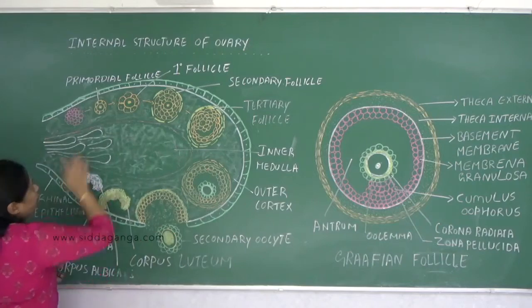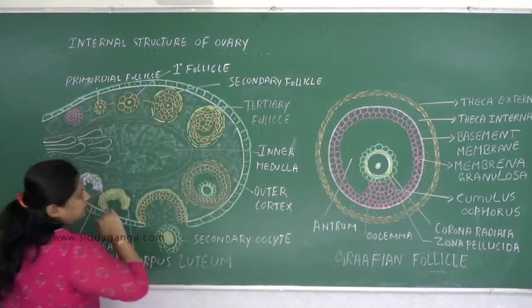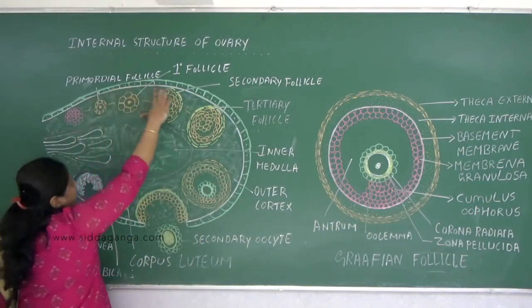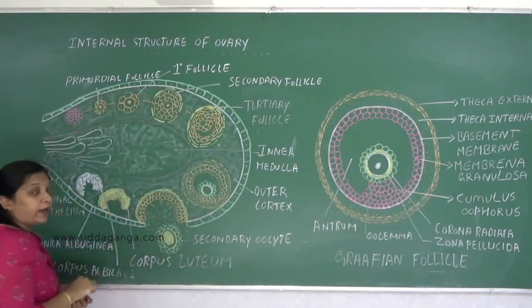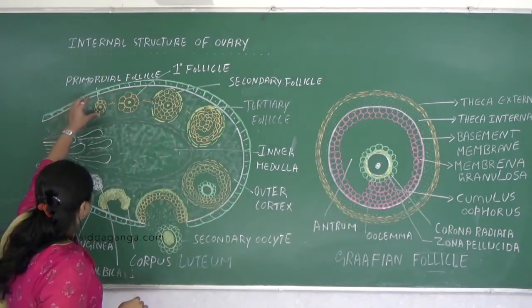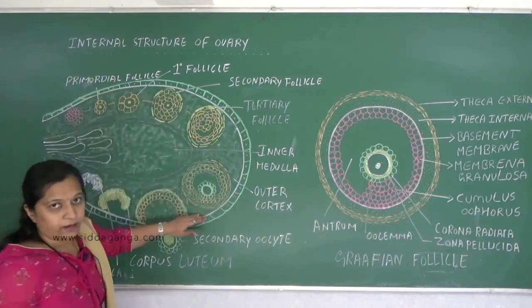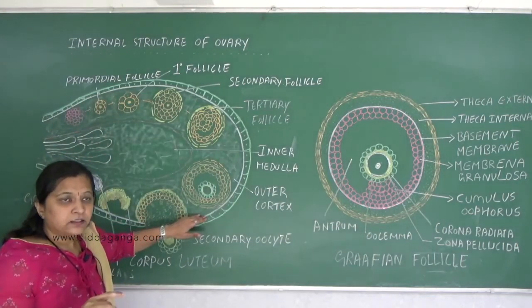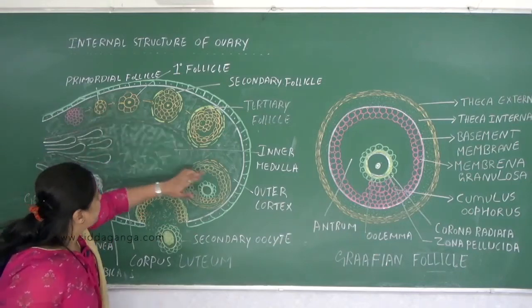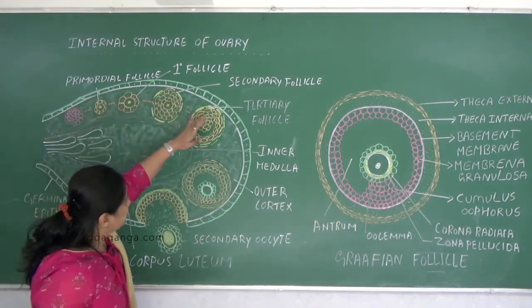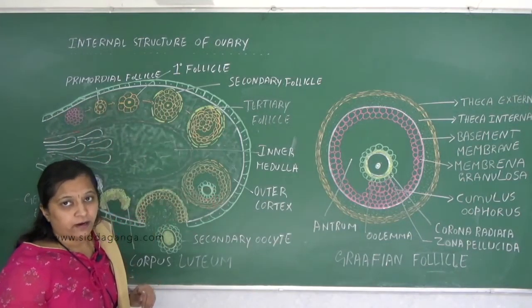These are called the ovarian follicles. So in the cortex region the ovarian follicles are present, and these follicles are in different stages of development.